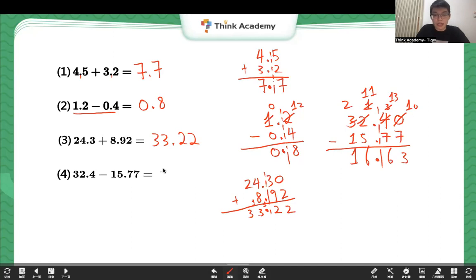So I have 16.63 as the answer. Yes, that's right. It's 16.63. Okay, so that is everything about the addition and subtraction of decimals. Are we all good?